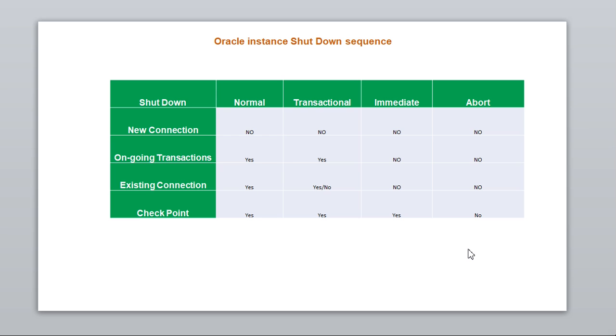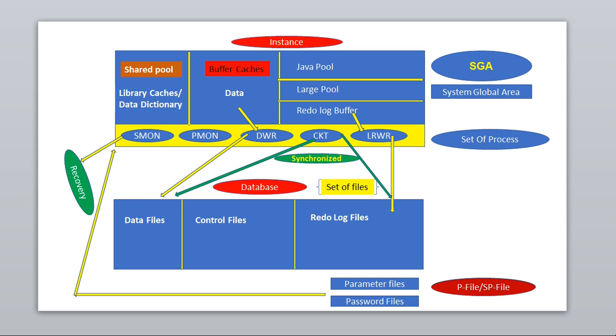Okay. So these are the three major components, the answers to questions asked in multiple interviews. The first one explains the Oracle instance and database components, how the instance is working, how the database.